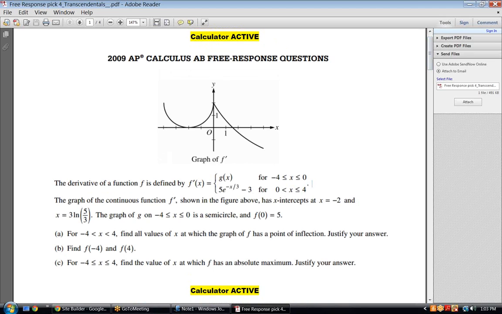So we're looking at the graph of the derivative, and it's piecewise. And they don't tell us what the first function is that looks like a semicircle. Yeah. They do tell us the second function, which looks proper.